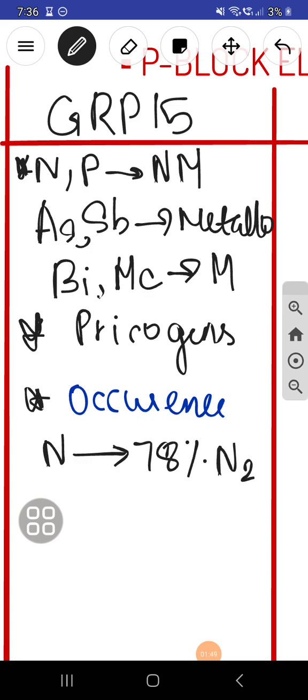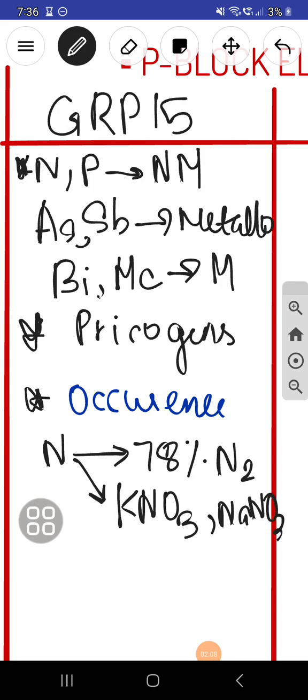Then in Earth's crust, it is present as Indian saltpeter, which is nothing but KNO3, and Chile saltpeter, that is NaNO3. It will be very comfortable for you if you open your NCERT textbook, because I am teaching in its order itself. So KNO3 is the Indian saltpeter and NaNO3 is the Chile saltpeter. This is all about the existence of nitrogen.